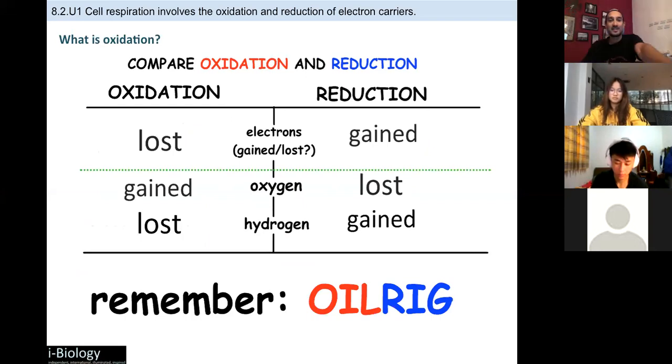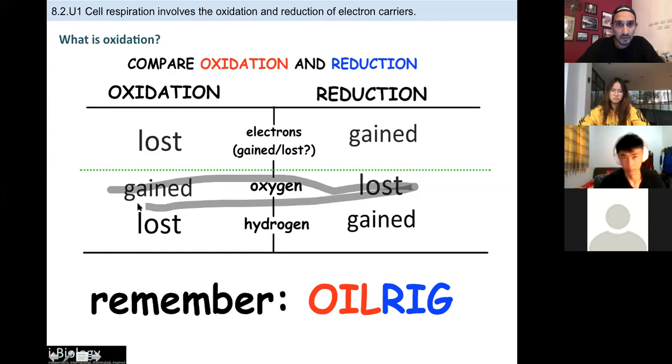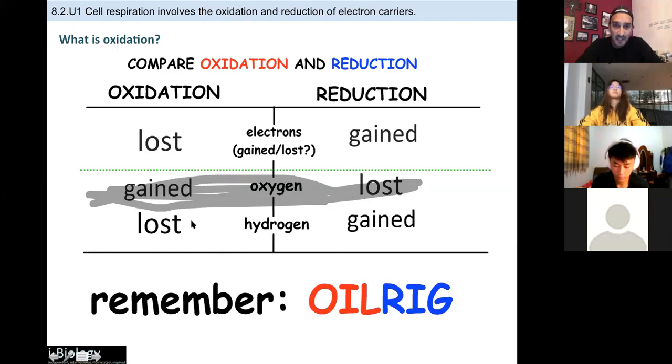If it's losing, and again, don't worry about this part for now, just forget about this, because these are the same. Is it losing an electron or losing a hydrogen? Then it's an oxidation. Is it gaining this? It's a reduction. And instead of oil rig, you can remember LEO and GER.